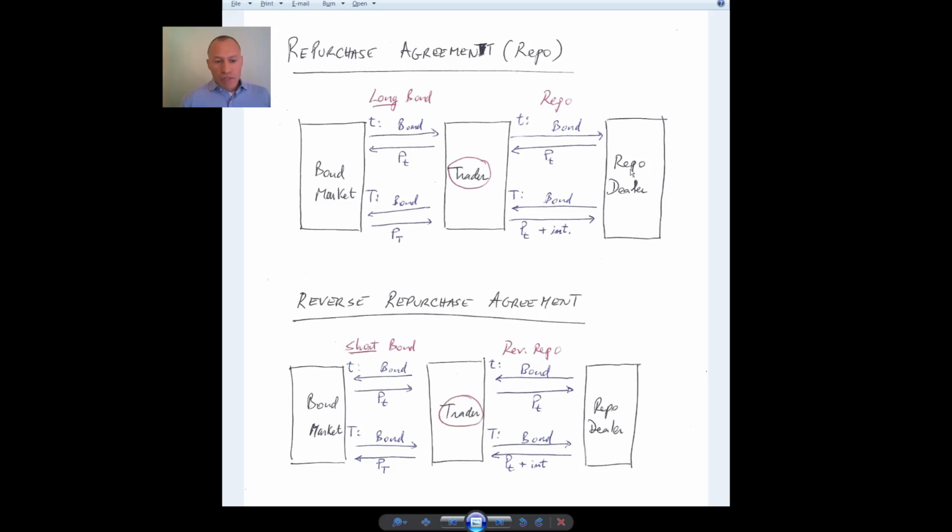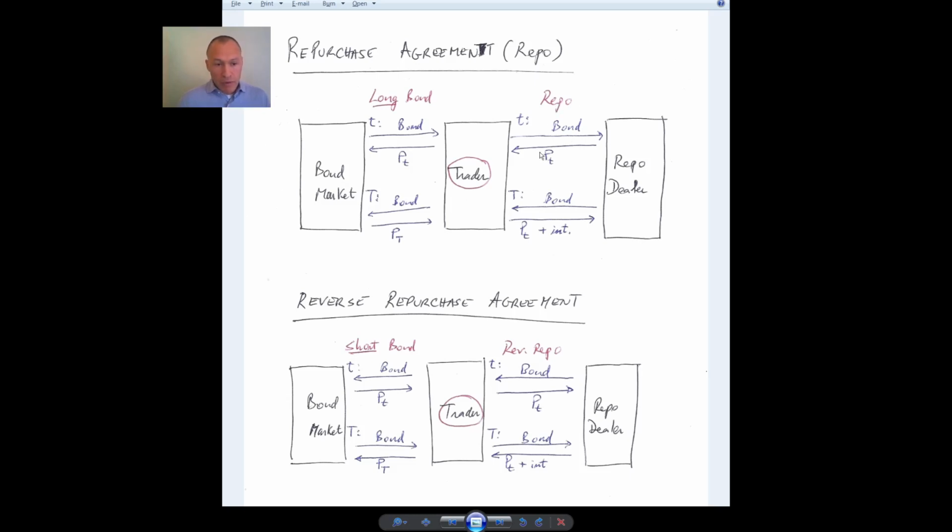So the trader goes up to a repo dealer, and what he does in the beginning, today, small t, is the following: he delivers a bond, a government bond, to this repo dealer. The repo dealer will be a big investment bank. The trader might be, for example, a hedge fund. So the hedge fund delivers the bond to the investment bank, and in return, it gets the market price of the bond.